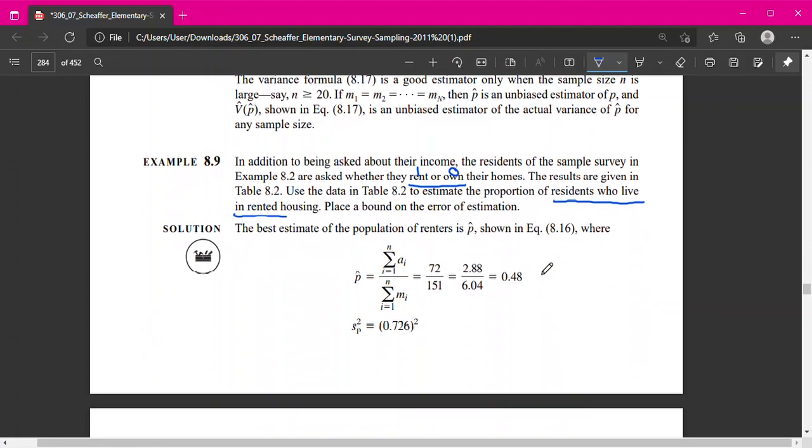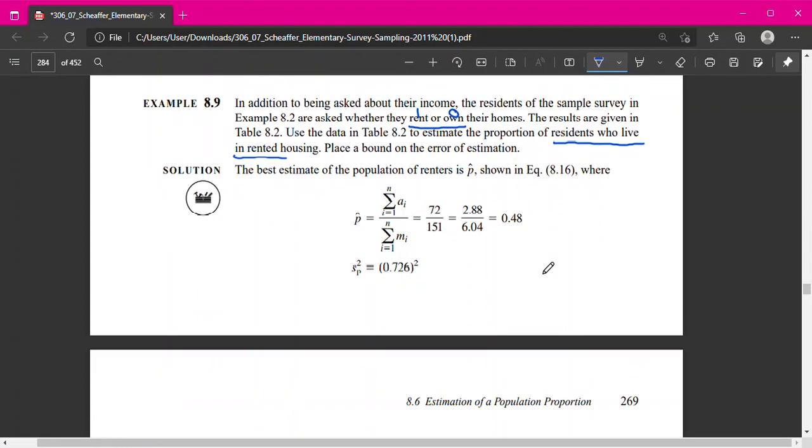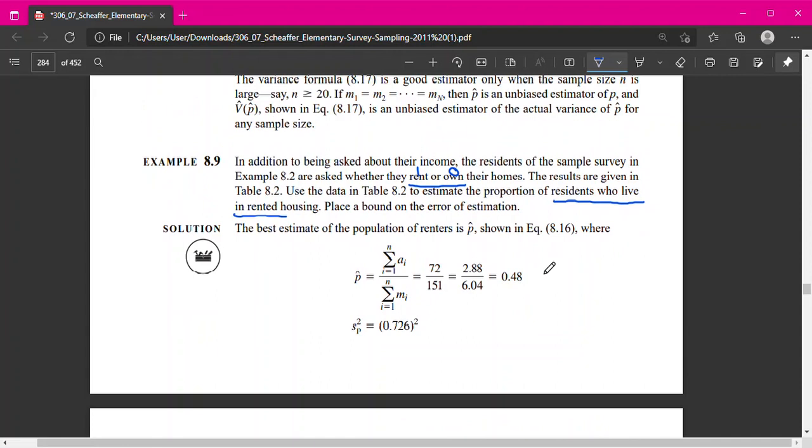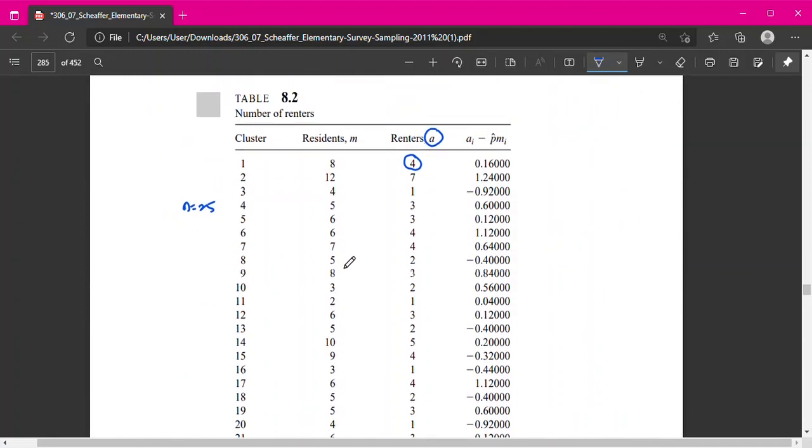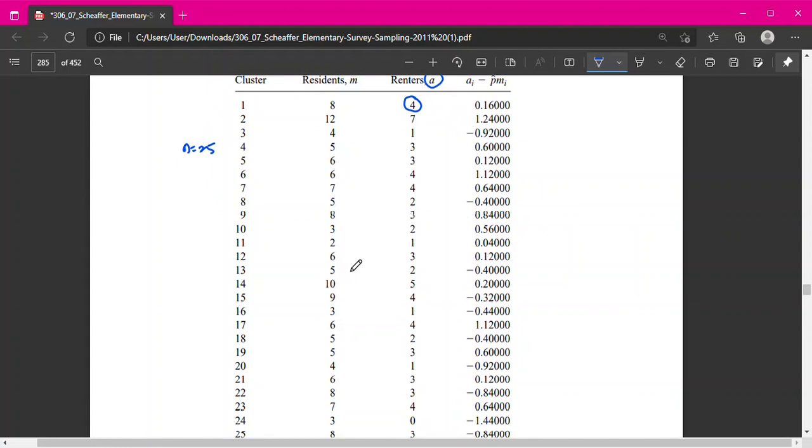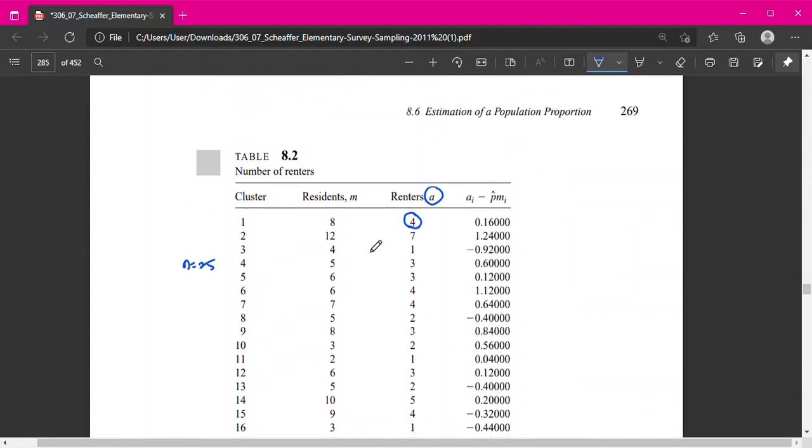Okay, let's see this example. We want to estimate the proportion of the resident who live in the rented housing. This is the data tadi. Okay, and then we need this column untuk nak cari S square. Okay, so how to get this?